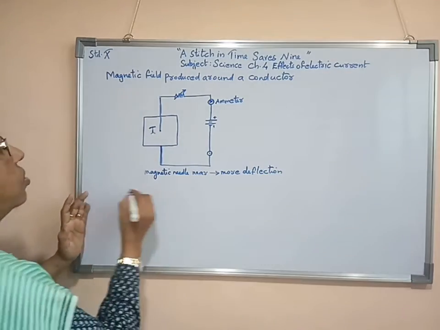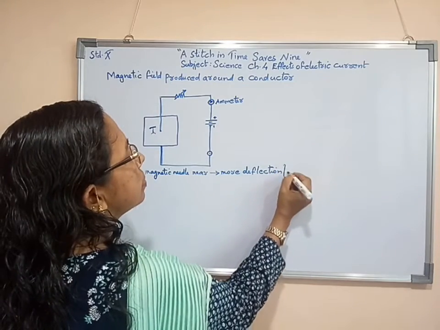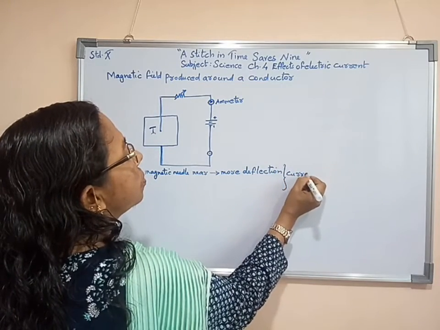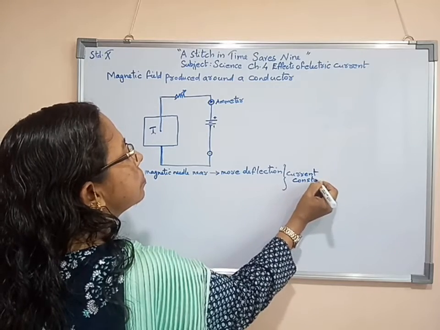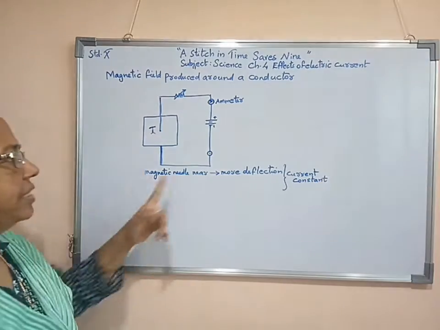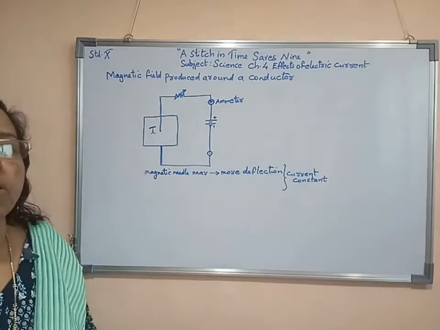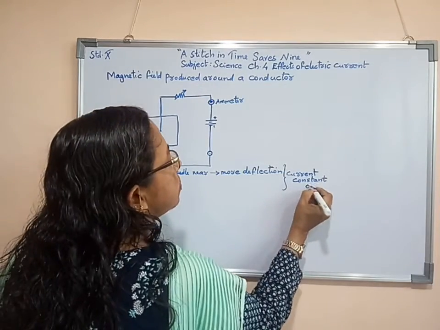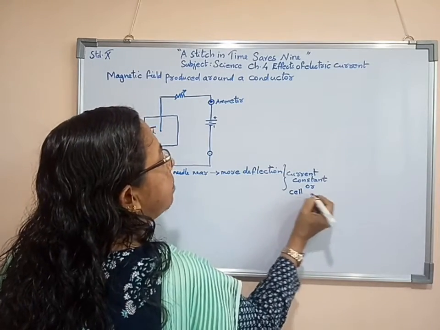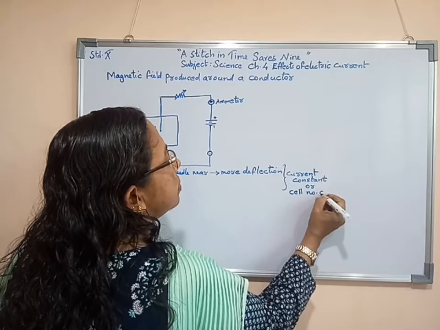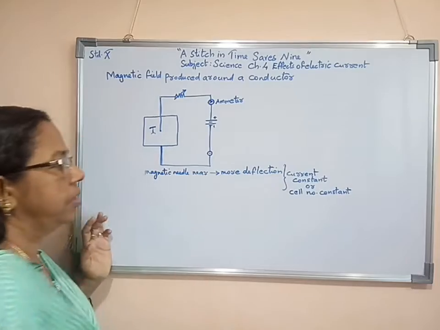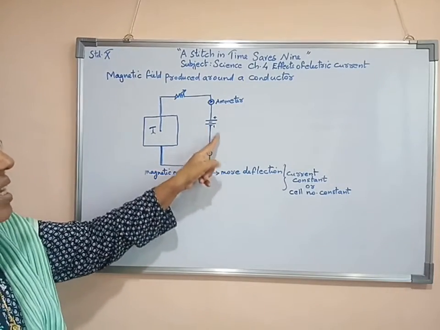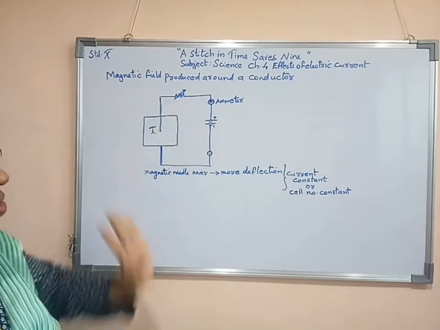Here we are keeping the current constant. Current flow constant means the number of cells we are keeping constant. So the number of cells is constant, and as a result the current flow is constant.